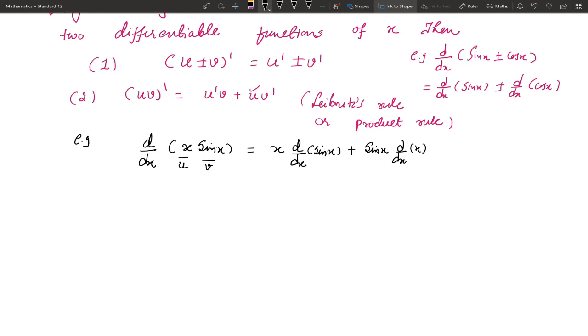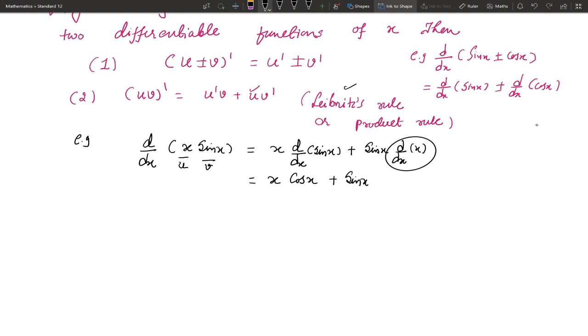So this is nothing but x into derivative of sin x, that is cos x, plus sin x into d by dx of x, that is 1. So this is using product rule, or also it is known as Leibniz rule: first into derivative of second plus second into derivative of first, or u into derivative of v plus v into derivative of u.